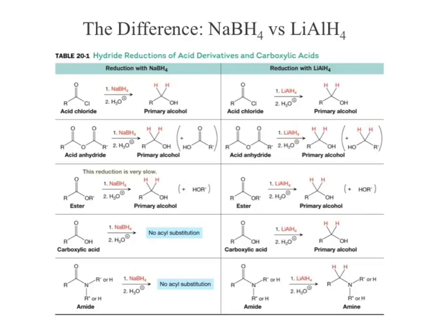If we go through and look at those same reactions with sodium borohydride, what do we notice? Well, the acid chloride works. The acid anhydride also works. And this is where they drop in the ester, and it's a bit misleading because they show primary alcohol as a product. And we just said, well, that's a horrible reaction. What do they have in that weird grayed out font right above the reaction? This reduction is very, very slow. Right? Slow enough that we do not expect to use sodium borohydride to reduce esters.